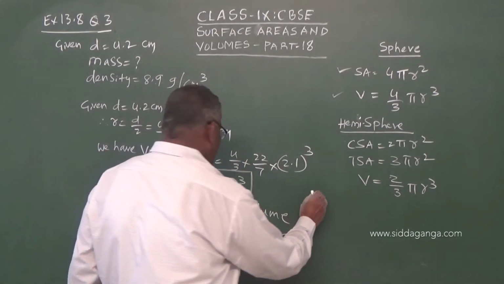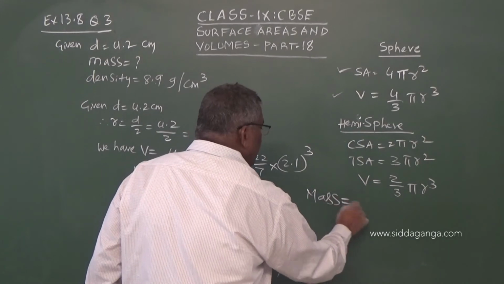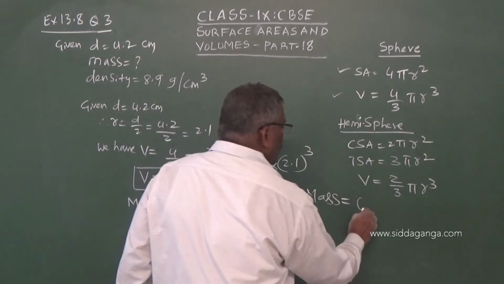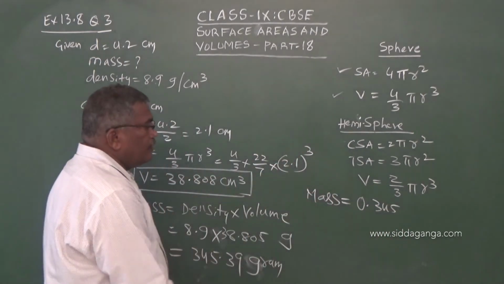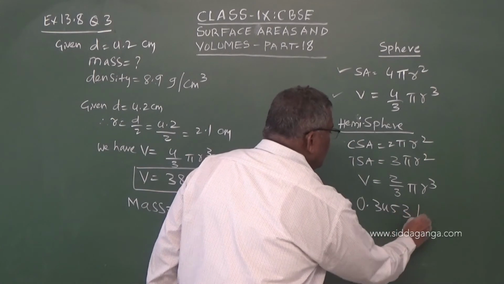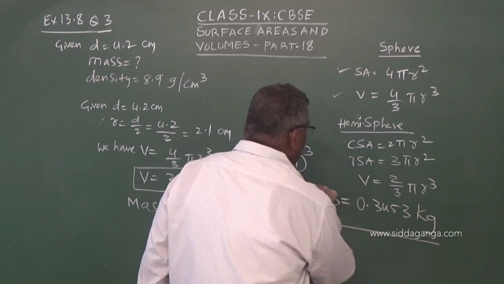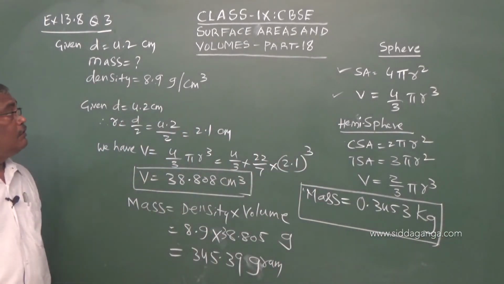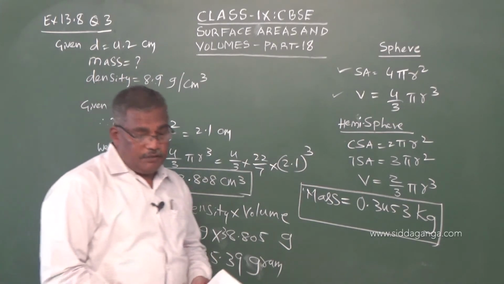If you divide it by 1000, you will get 0.3453 kg. Divided by 1000. You can put the answer in kg also. So this is question number 3.